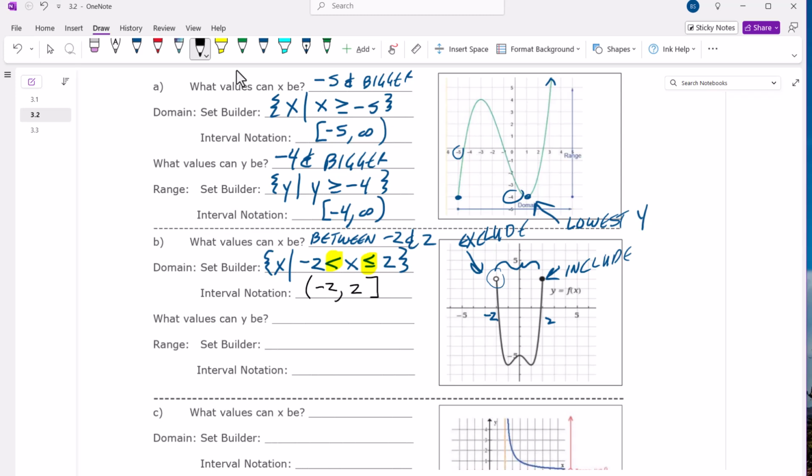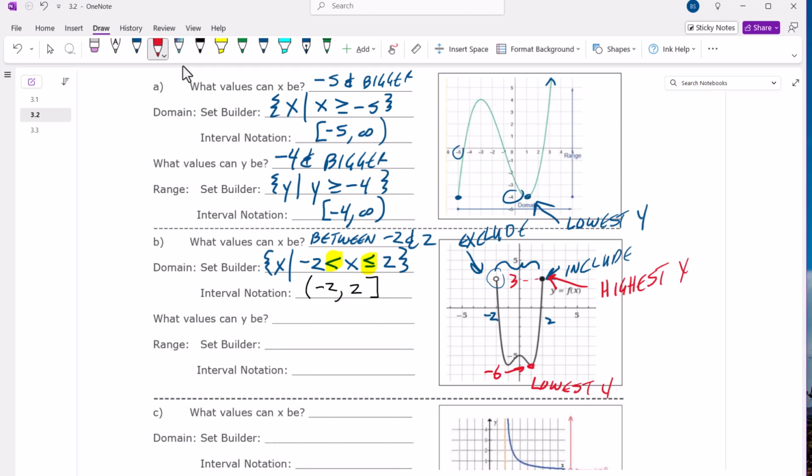So now if you look at your y values are this way. It looks like this is your lowest y. And that right there looks like that is your highest y. That is a solid dot, so that's a definite point. So it looks like it's going from -6 to 3, it looks like.